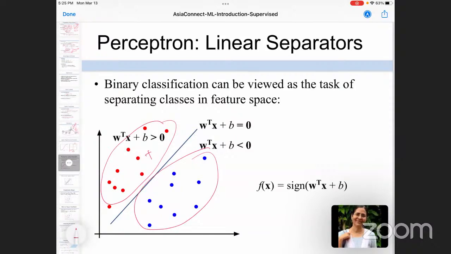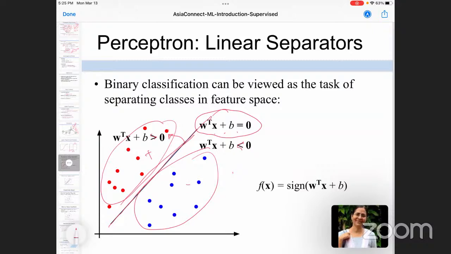And now this line represents this equation. On this line, W^T x plus b equals 0. On this side, it is less than 0. And on this side, it is greater than 0. So this is binary classification, finding a separating line that separates two classes.